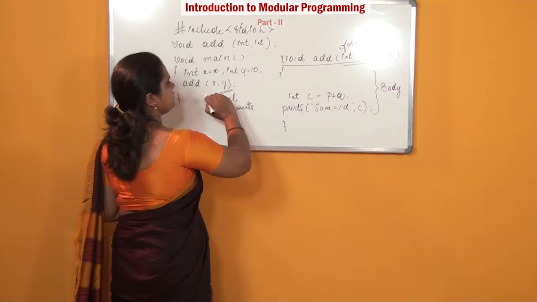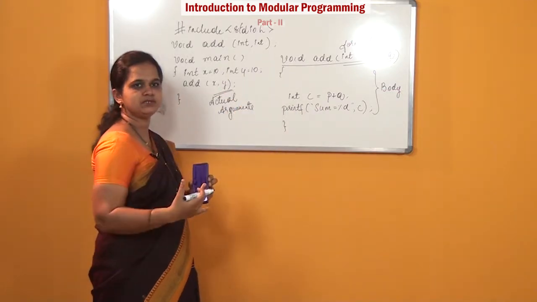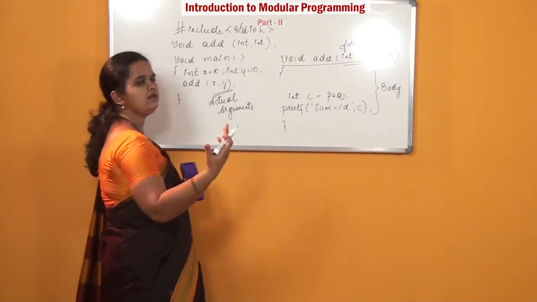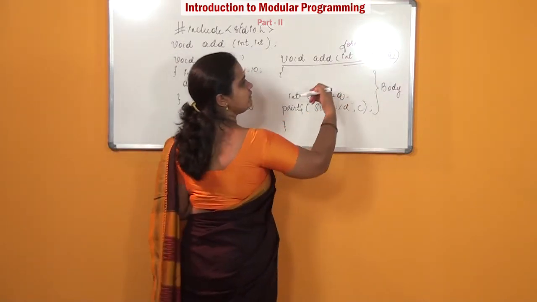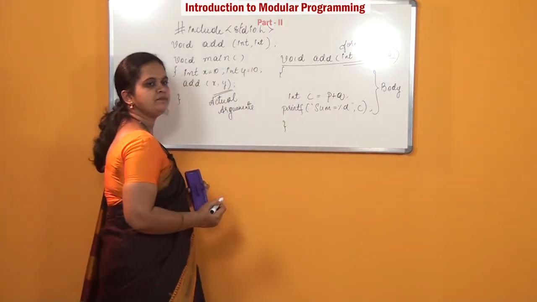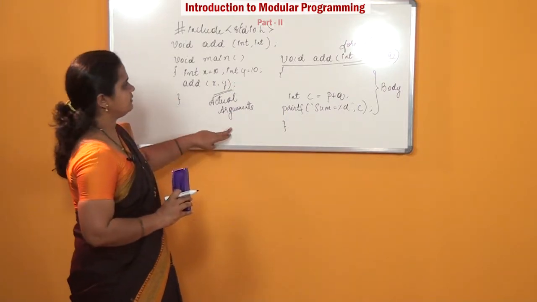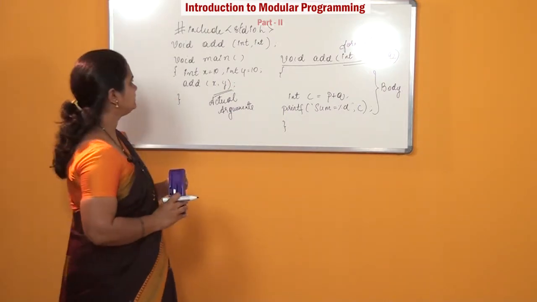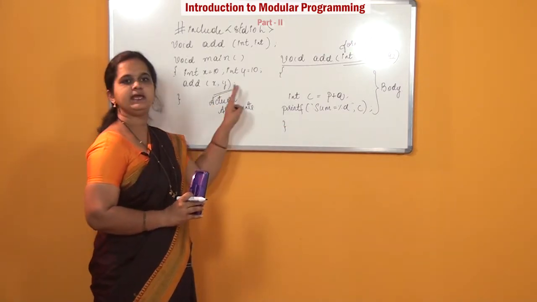Whatever is passed, those variables will just catch it. For catching, any variable will work. But whatever variable you use in the formal arguments, the same you will use in the function. So this add function example can be taken as passing arguments but not returning anything.